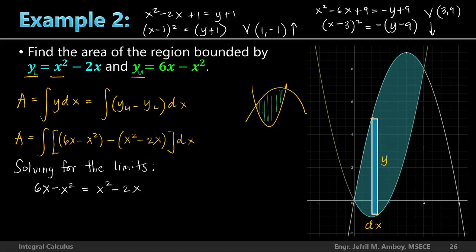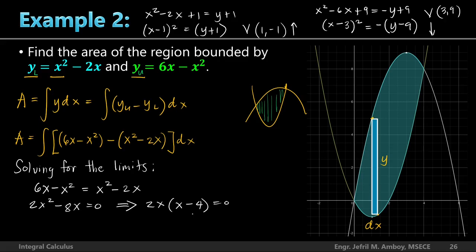So, itong x squared na to, isasama ko lang doon, magiging 2x squared siya. Diba? Tapos, itong 6x, ililipat ko sa kabila. So, magiging 2x squared minus 8x equals 0. So, dito, kitang-kita natin na common factor ang 2x. 2x, and then may matitirang x minus 4 equals 0.